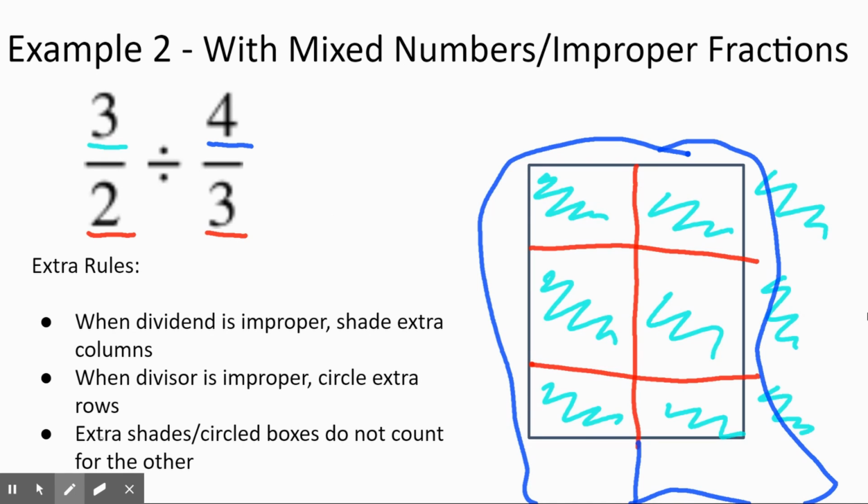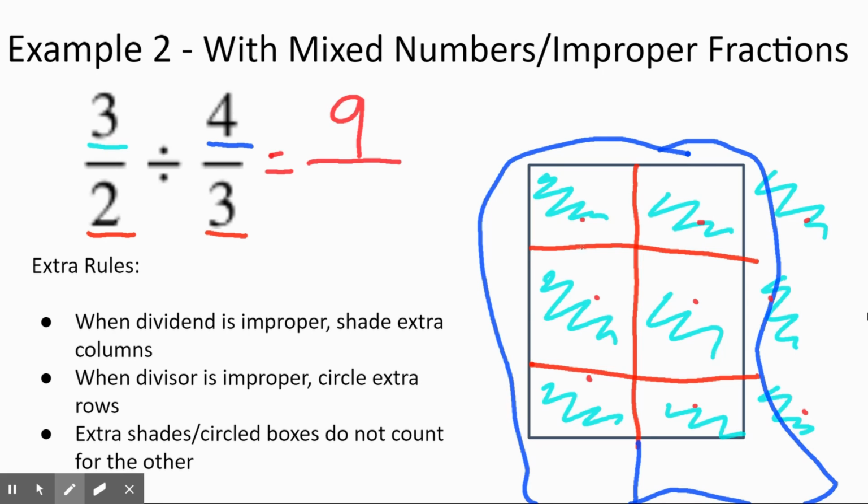So what that means is when we're counting stuff up, let's say we're finding our numerator, so we're going to count up the shaded boxes. We count 1, 2, 3, 4, 5, 6, 7, 8, 9. So our numerator is going to be a 9 again.